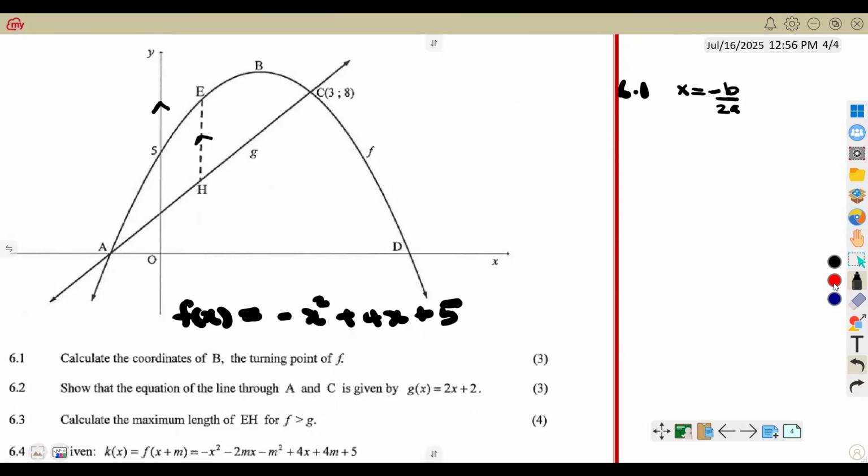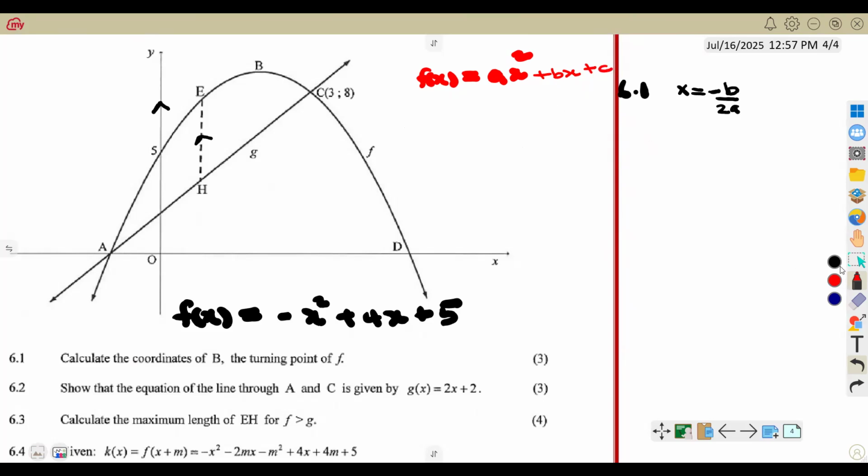This b and a will be taken from the standard quadratic function, where we know that our f(x) will be equal to ax squared plus bx plus c.